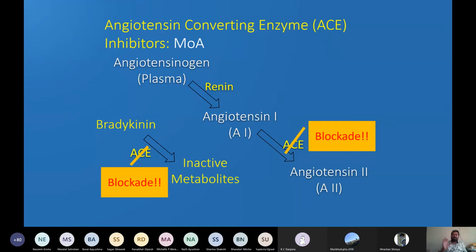So don't forget that the adverse effect of ACE inhibitors is dry cough, vigorous dry cough, for which sometimes you need to cancel the drug for the patient.